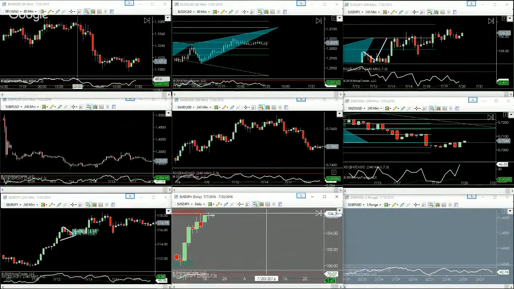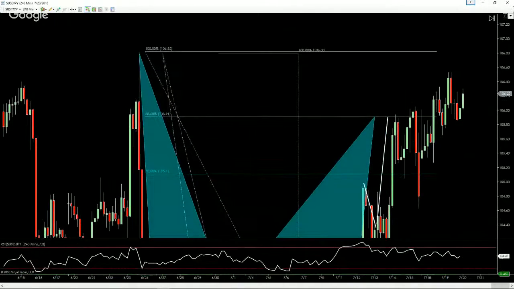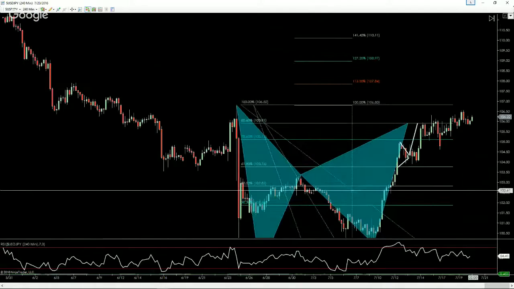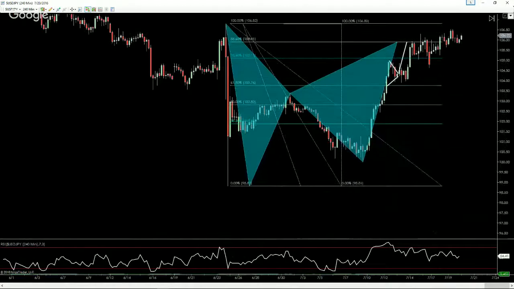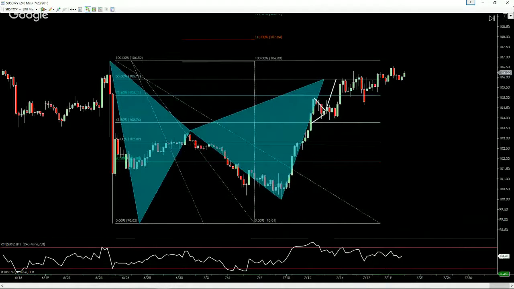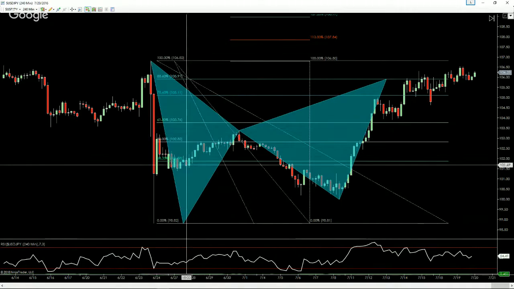So let's take a look at the 240. Let's just make that smaller. Oh, forgot to delete. All right. So the 240 chart on the dollar yen, we still have that pattern from last week.